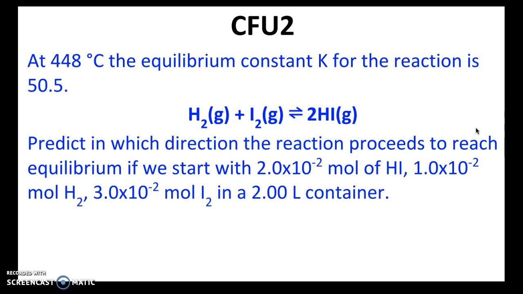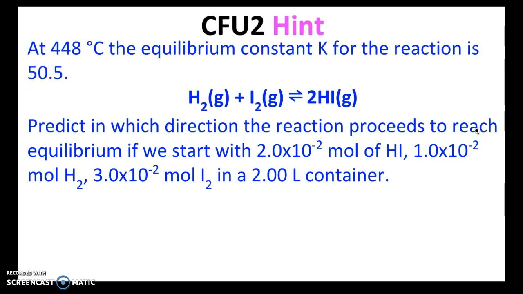Okay, so you're asked to predict the direction the reaction proceeds given these amounts of HI, H2, and I2. So once again, you want to calculate the concentrations of everything, because they give it to you in moles, not in molarity. So you need to do that first.